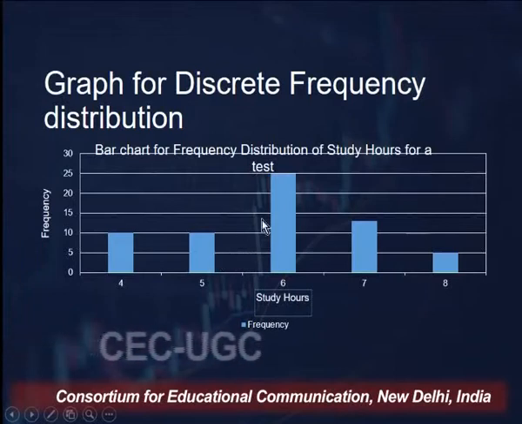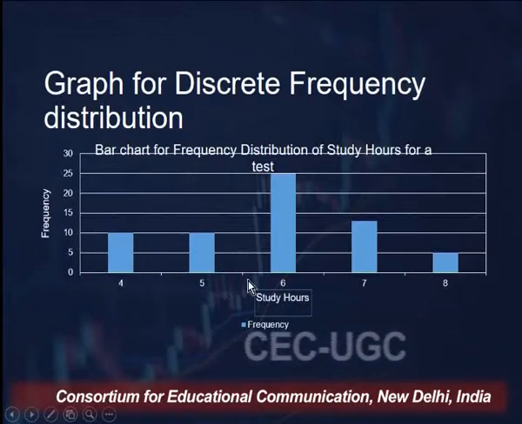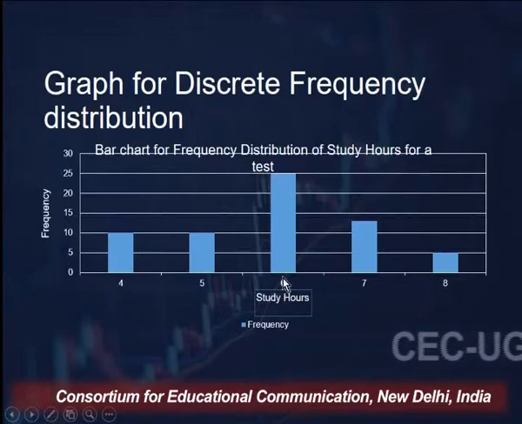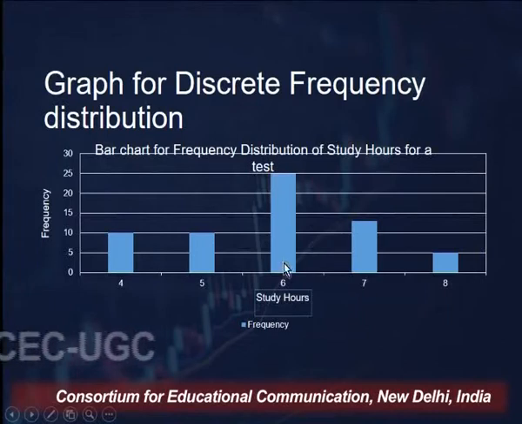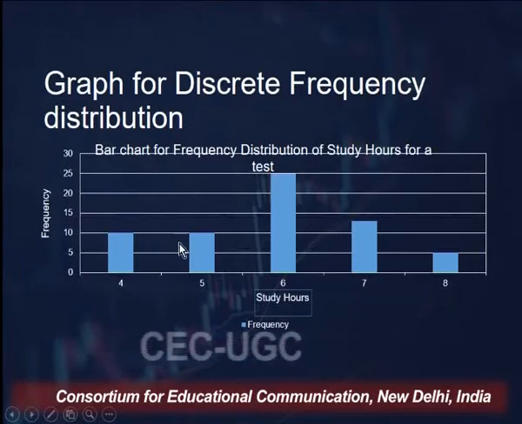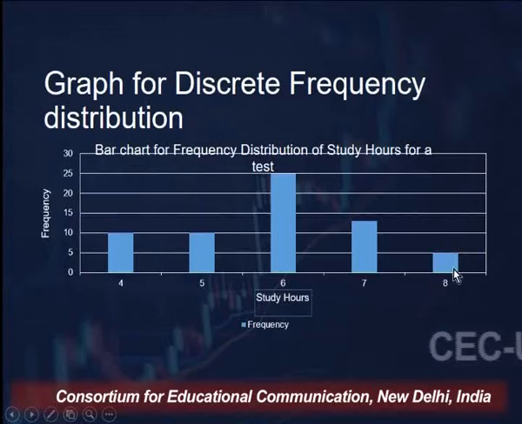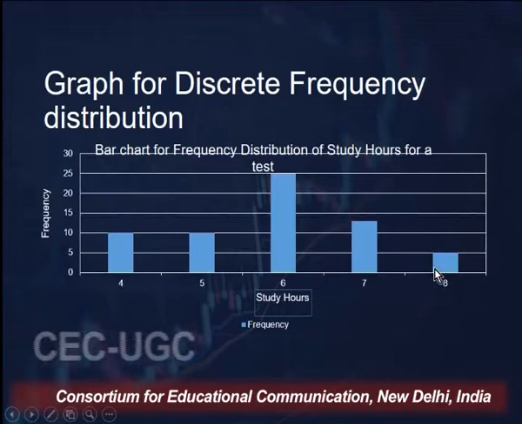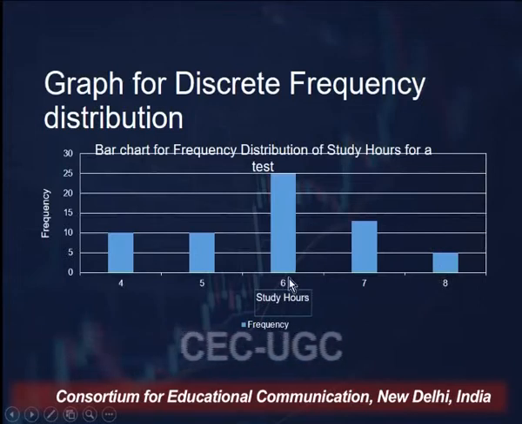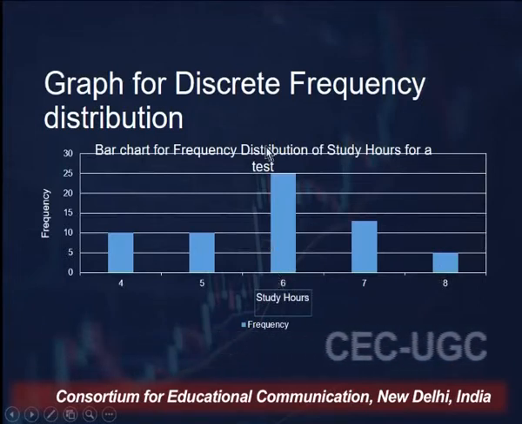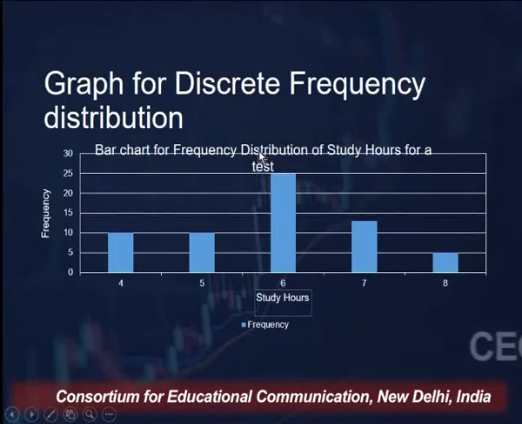A few things we can directly see from here: the value 6 is occurring the maximum number of times, followed by the values 4 and 5, which occur the same number of times, and the least number of times is value 8. That means the students who are devoting 8 hours of study are the fewest, and the students by and large are devoting 6 hours of study in a week to prepare for a test.